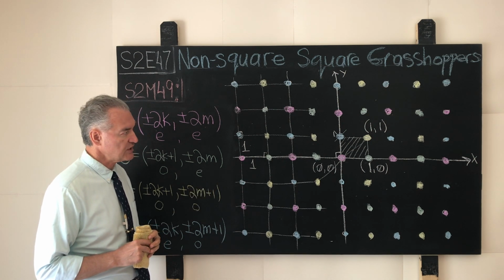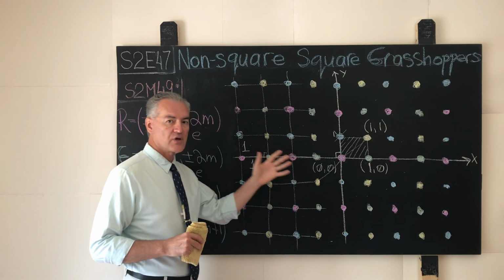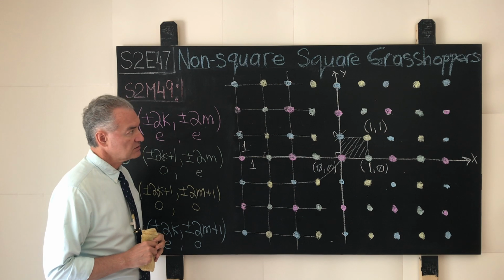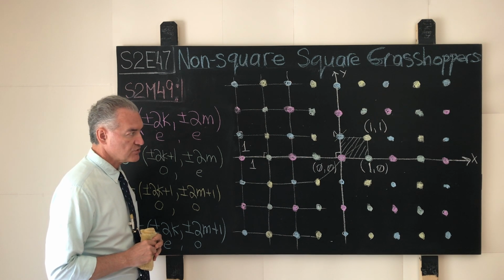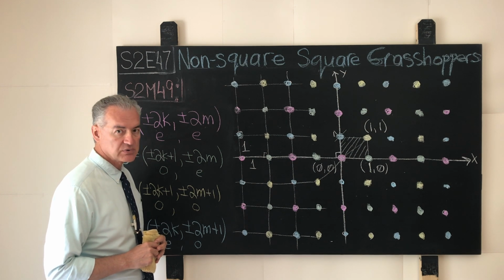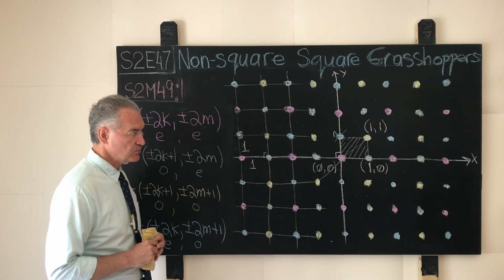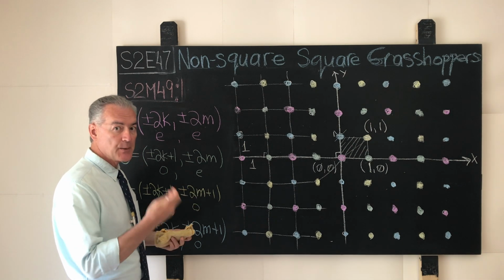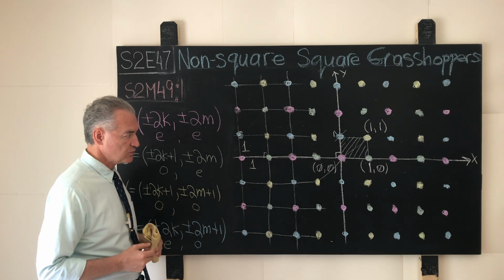Well, with our coloring of the underlying orthogonal integer lattice z squared, we created four distinct sublattices, which, when unioned, make up the original orthogonal integer lattice z squared.